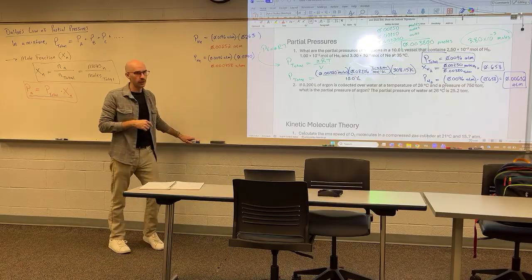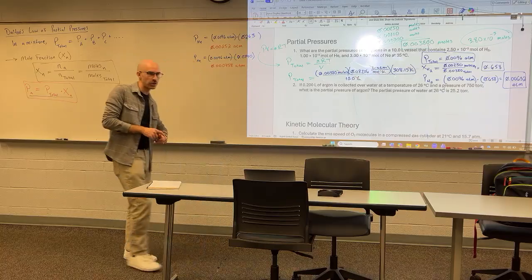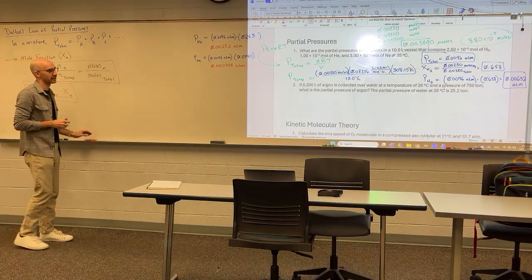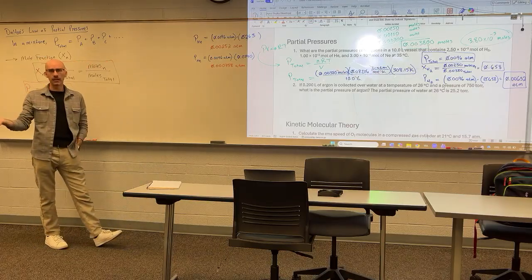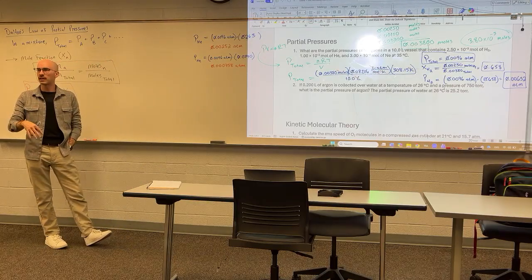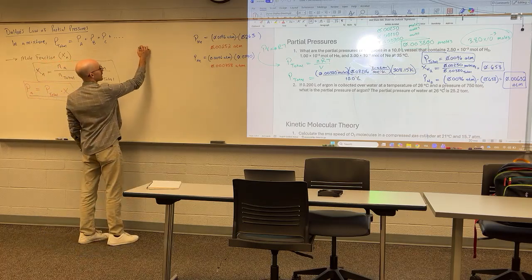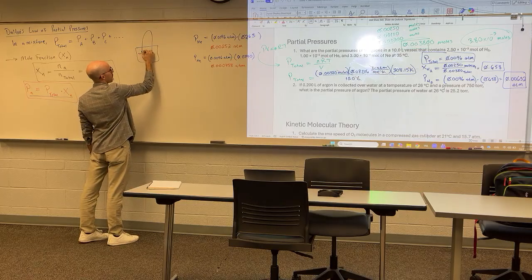Problem number 2 talks about the situation when your partial pressure comes from water and a gas. Some of you that are in the lab course, this week you're doing an experiment where you are collecting a gas, but you're collecting that gas over the surface of a liquid.